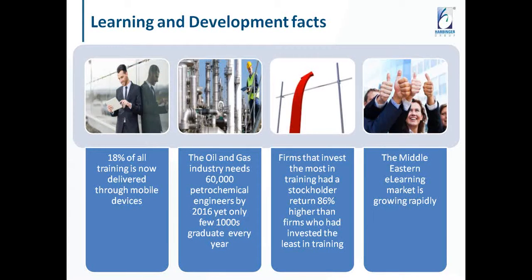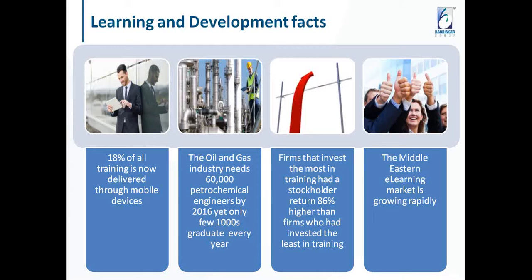Even the oil and gas industry would require somewhere around 60,000 petrochemical engineers by 2016, yet only around 1,300 graduate from different schools each year. This means that oil companies will have to train, retrain, and jointly educate a lot of energy engineers in order to grow.